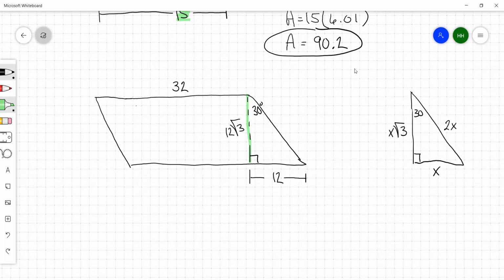What's your hypotenuse equal to right here? This right side? 24. So the area of this parallelogram is equal to the base. What are we using as a base? Be careful. That's right. We're using this dimension.